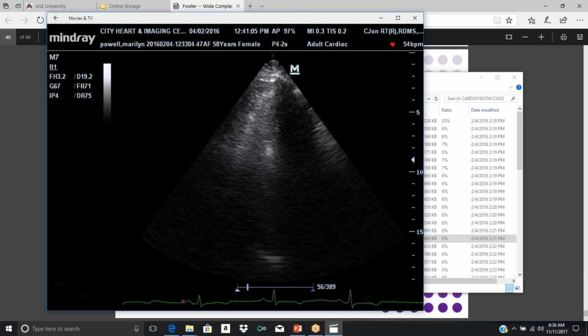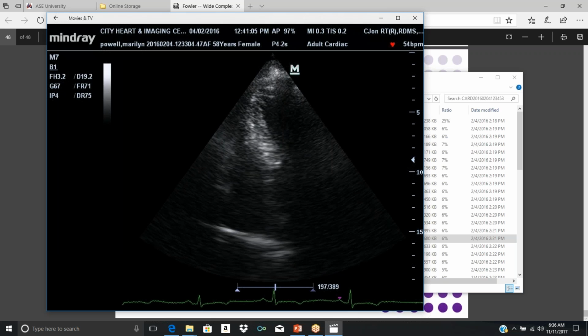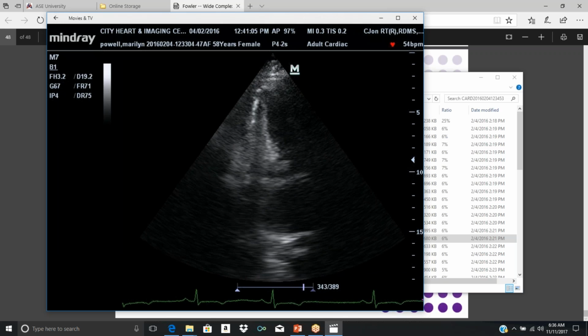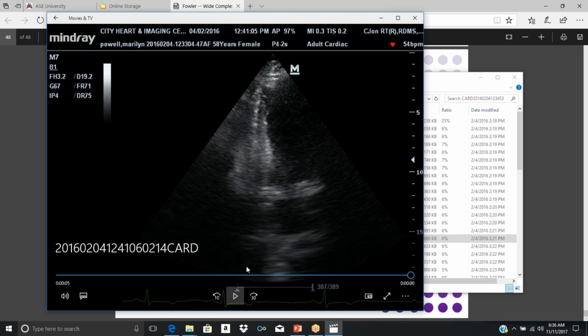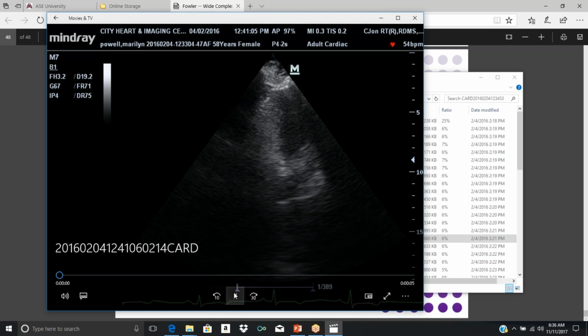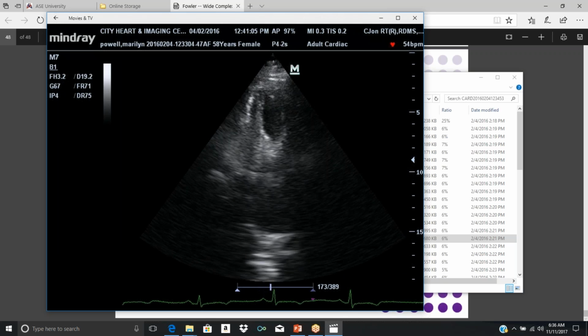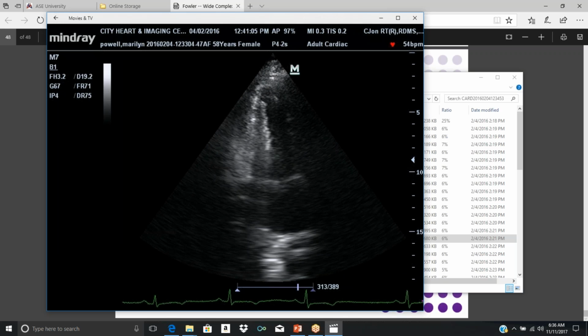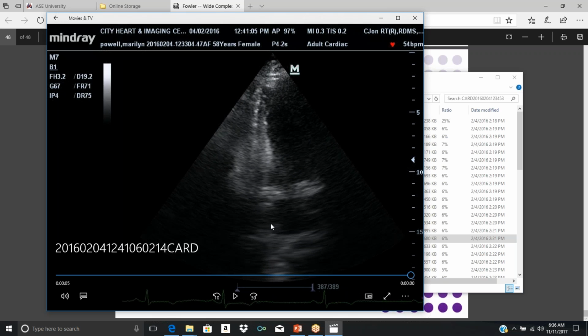Okay, so counterclockwise movement of your transducer. Your mitral valve is right there, LV cavity, left atrium. Okay, so your anterior leaflet of the mitral valve, the posterior leaflet. And remember, you divide the walls. You have to know how to name your segments.